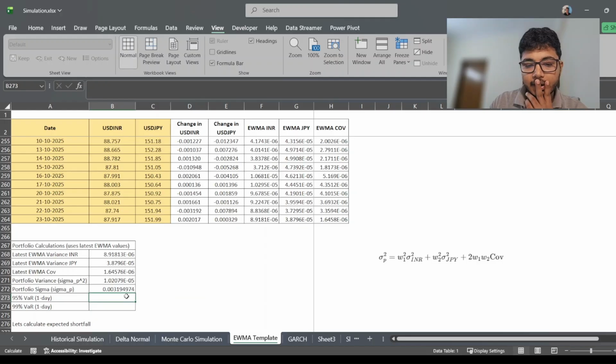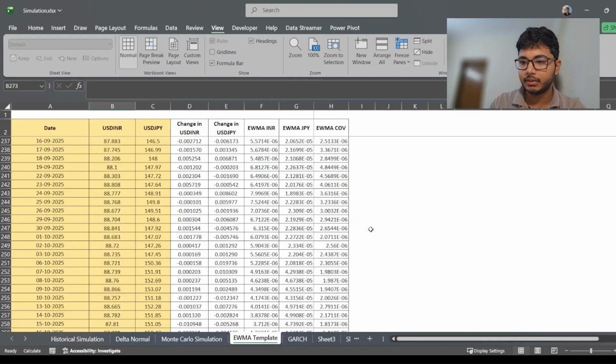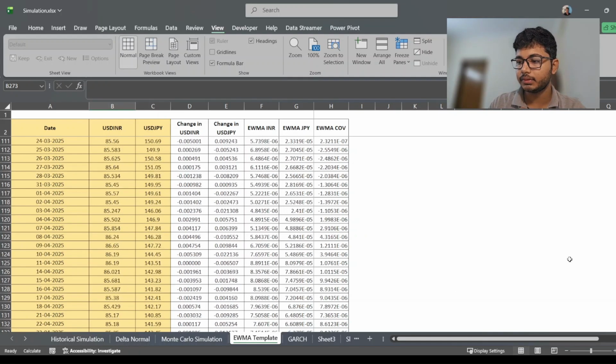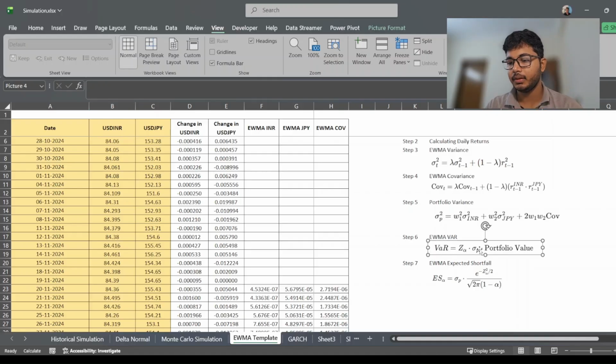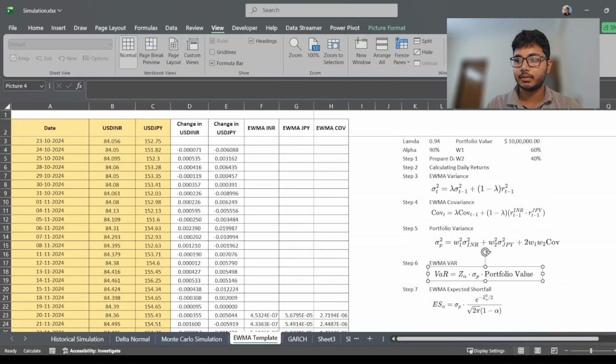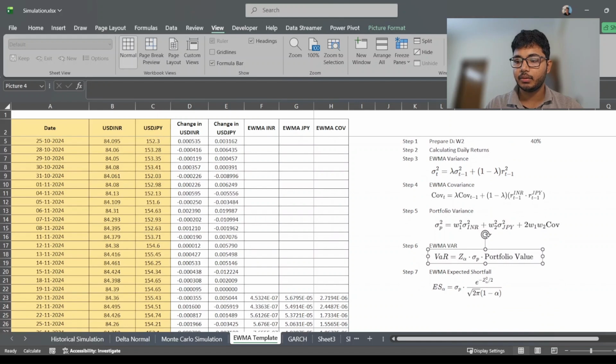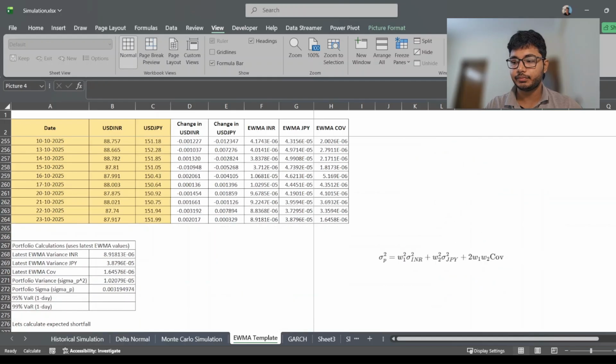Now we are going to calculate the 95 percentage VAR. Okay, so if we go through our steps, VAR can be easily calculated by Z alpha multiplied by the portfolio standard deviation multiplied by the portfolio value. I'm just copy pasting here for your reference. So how are we going to calculate it?